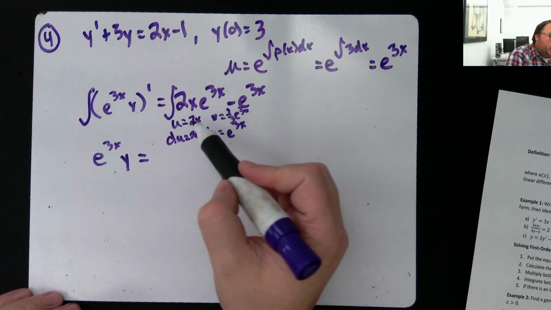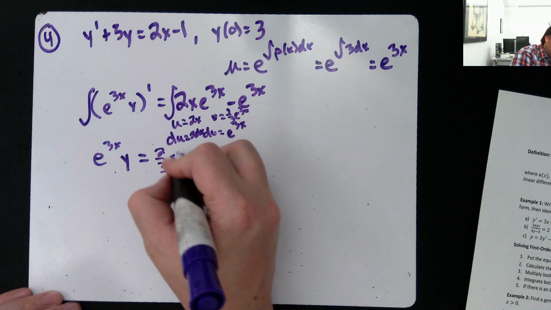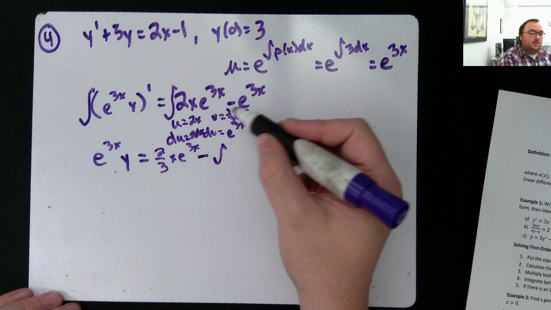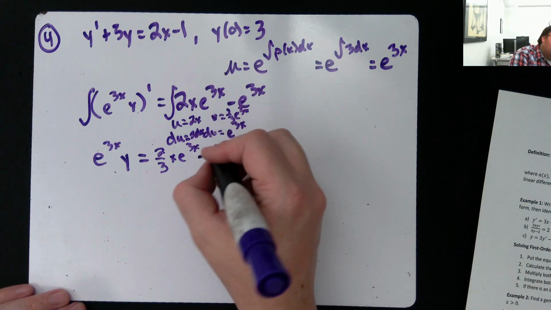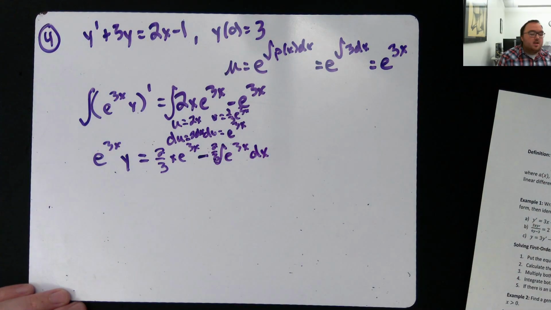So this is going to be uv, which is 2/3 x e to the 3x minus the integral v du. So that's going to be 2/3 e to the 3x dx.